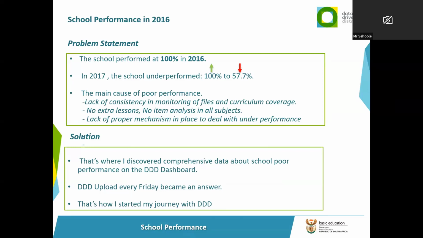That's where I discovered comprehensive data about my school's poor performance, the information that, as I've already said, is uploaded every day. And that's how I actually started my journey with the Triple D Dashboard, to try to find out what is going on. And it was in the year 2018. It was a year that was not good for me, because I had to be on leave for some time.